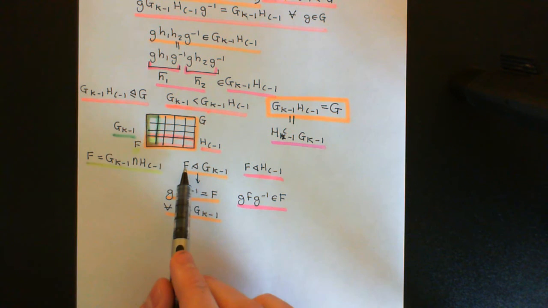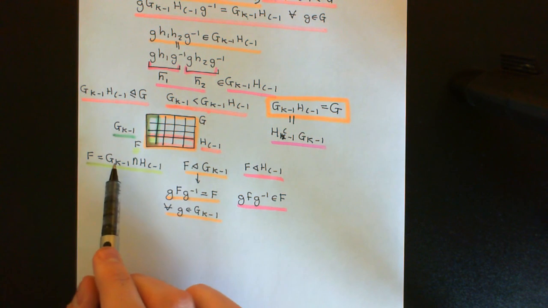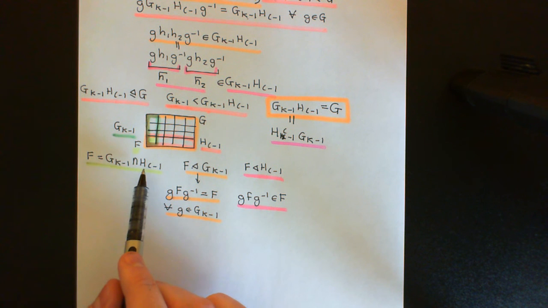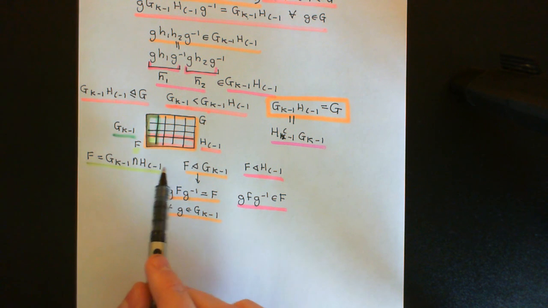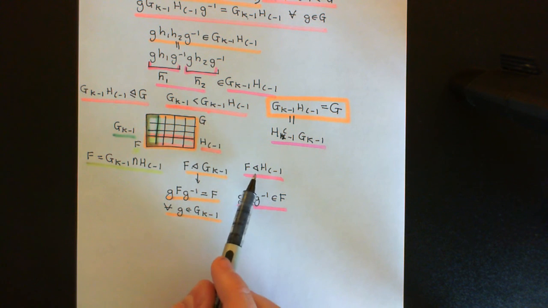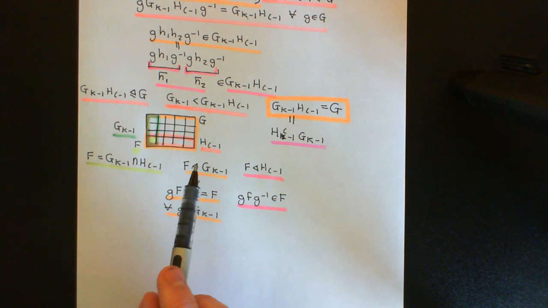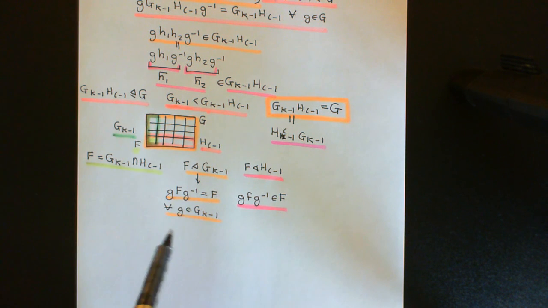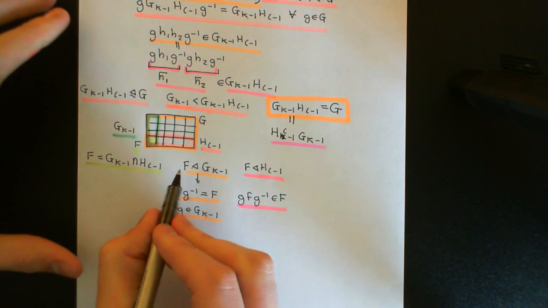Okay, so this is the argument as to why this intersection of GK minus 1 with HL minus 1 must be a proper normal subgroup of both of these. Okay, so I hope you understand why it has to be a normal subgroup and why it has to be a proper normal subgroup.